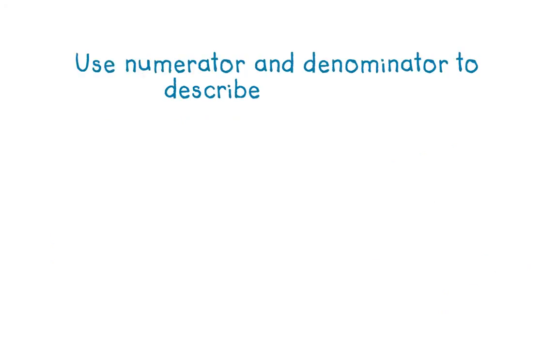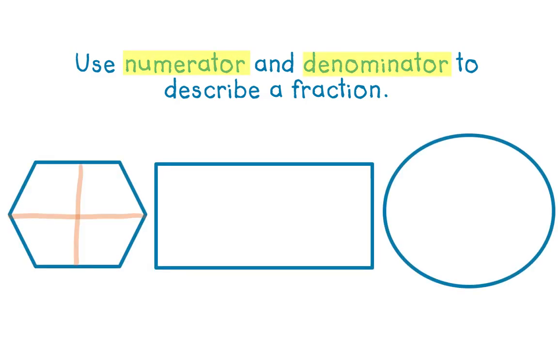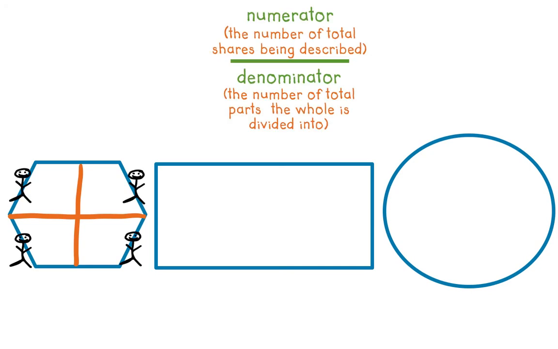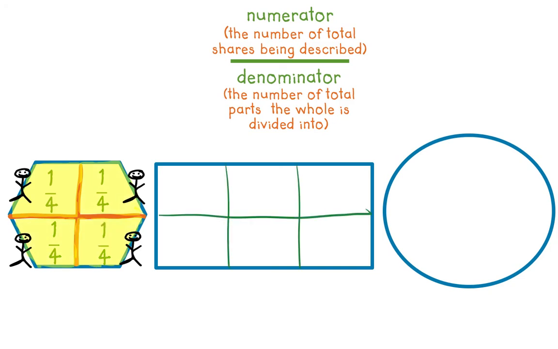Use numerator and denominator to describe a fraction again. This one has 4 parts. What is the fraction? Let us see. 4 parts. It is 1 out of 4. 1 part out of the whole, which is 4. Look at this one.